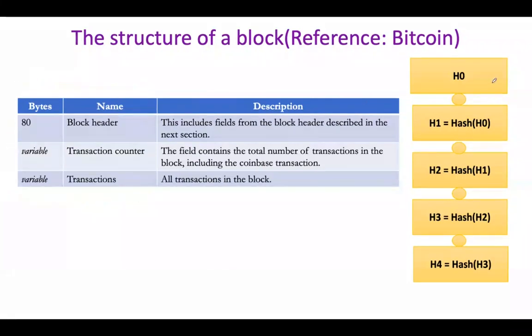As we said, every block like block 1, block 2, your block 3, they are related to each other to generate the Merkle root tree.